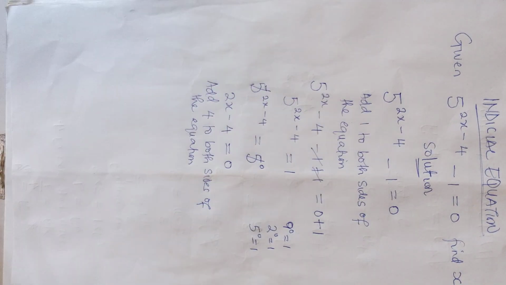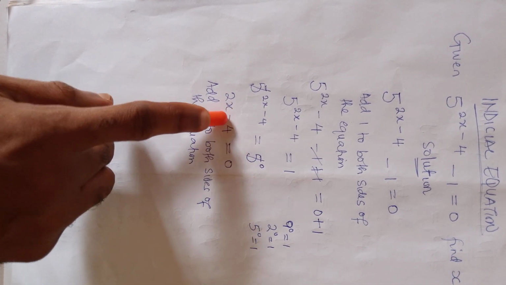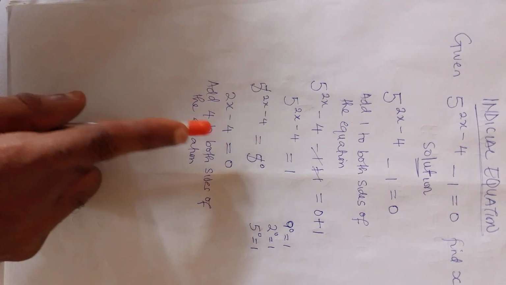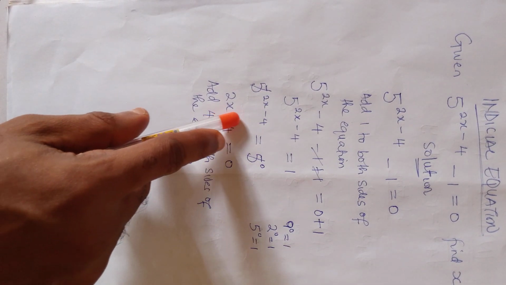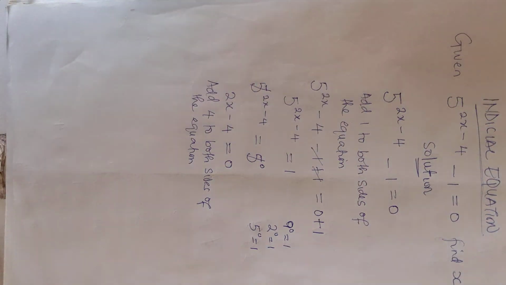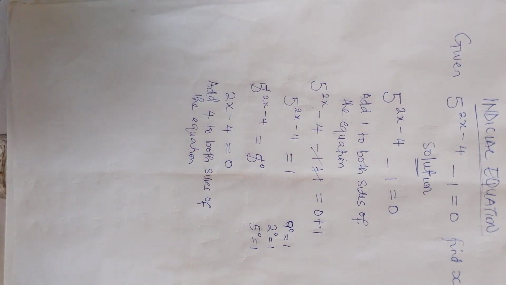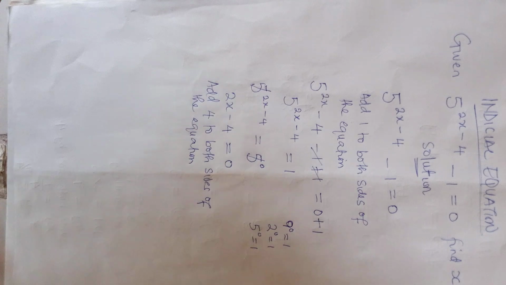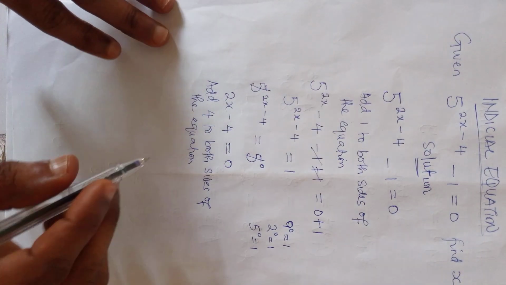The essence of doing this is to ensure that we eliminate 4 on the left hand side of the equation while we take it to the right hand side. But if it was a positive here, we would have said subtract 4 from both sides of the equation. So there are 2 ways you can do it. It is either you collect like terms by moving 4 to the right hand side of the equation, or you make this mathematical statement, implement it, and then you continue with your solution.